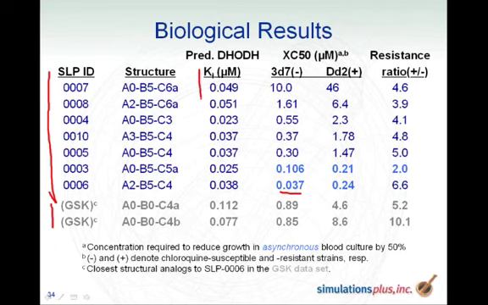Then here's the predicted DHODH activity of the compounds, and then the experimental growth inhibition assay results. So 10 micromolar was the least potent compound, and 37 nanomolar was the most potent. The compounds were also tested against a drug-resistant parasite.